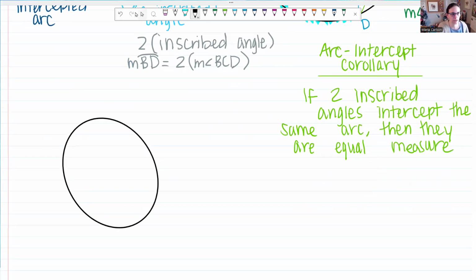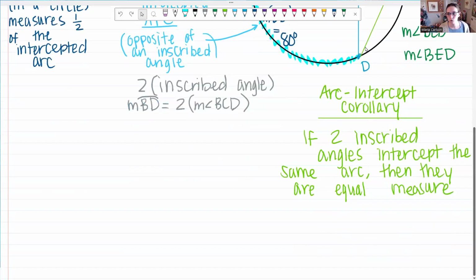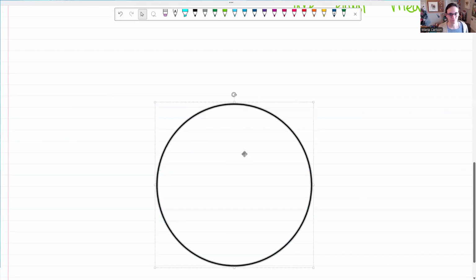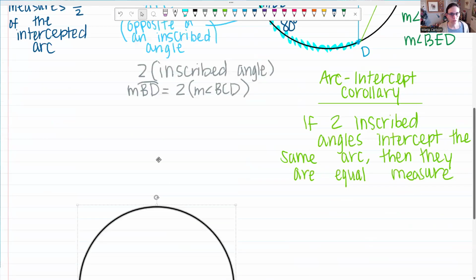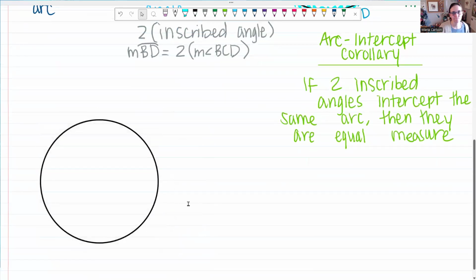Let me try again. I wonder if I can just copy this one. So this is going to be circle A again. I'm going to do this one a little bit smaller. And it's circle A because it has a center at A.